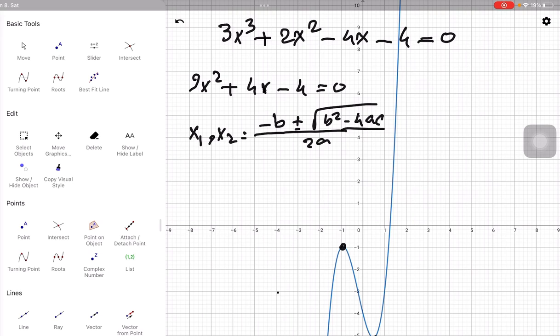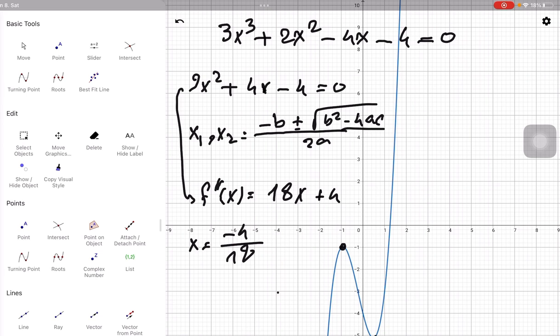And if we take the second derivative again, it will be 18x plus 4, and x equals minus 4 per 18. It will be a very small number around here. It will be an inflection point.